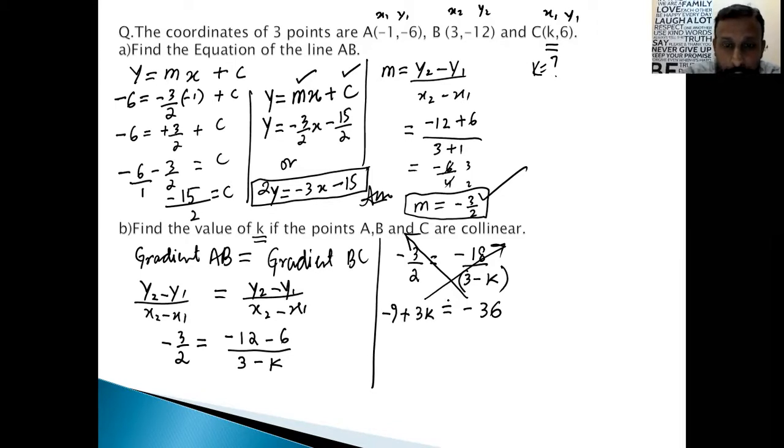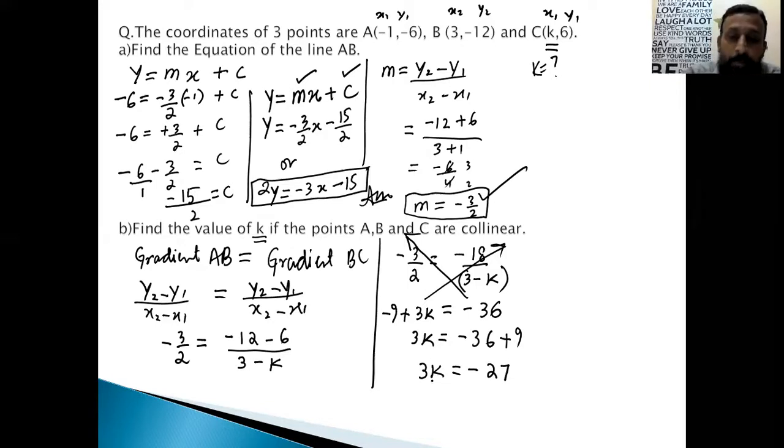Now still k is unknown. 3k equals negative 36, and when this negative 9 moves to the other side it becomes positive 9. Minus 36 plus 9 makes minus 27, taking the sign of the bigger number.